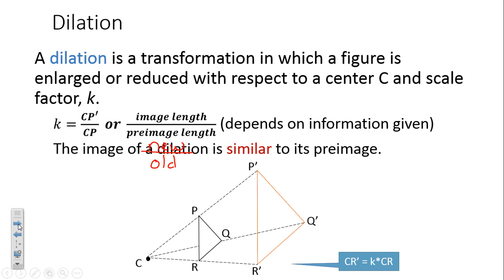Now, one thing to be aware of is that a dilation is similar to the pre-image. Your image is similar to the pre-image, not congruent, similar, meaning that the angle measures remain the same, but the lengths themselves are much larger or smaller. The side lengths change.